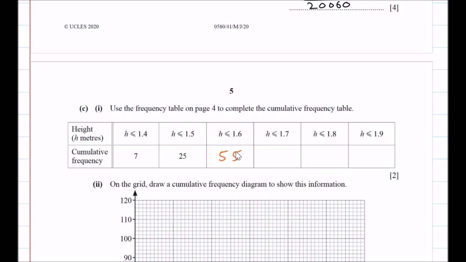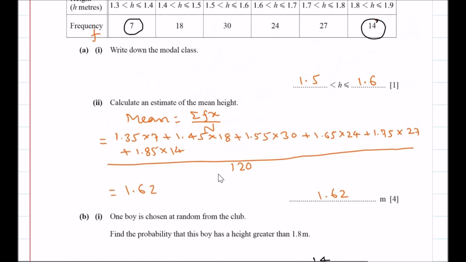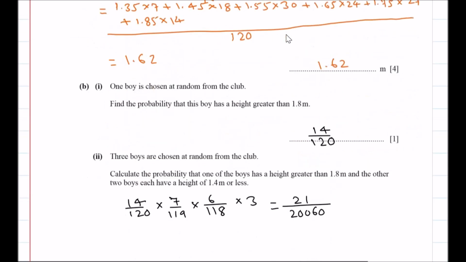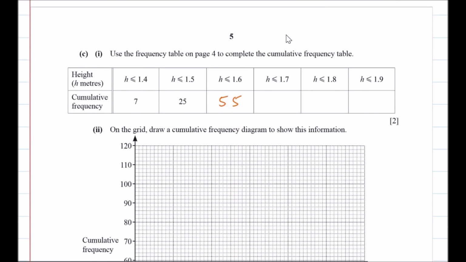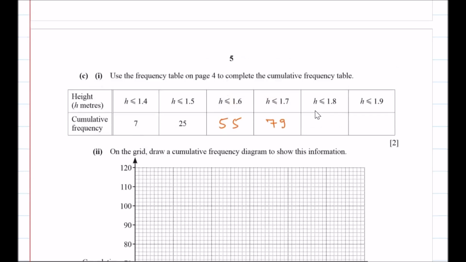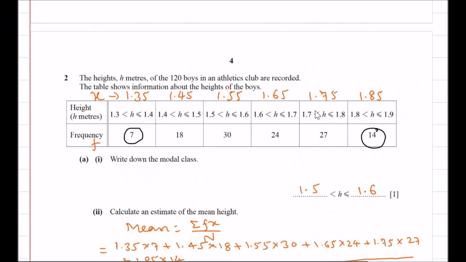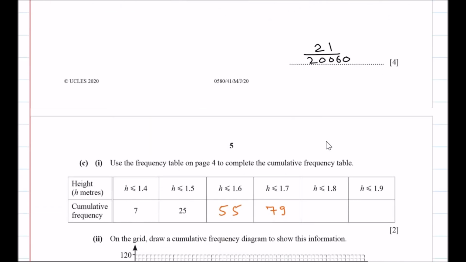Now next, 55 plus 24, because up to 30 we have already added and got 55. So 55 plus 24 is 79. So we will be writing 79. Next, we add 79 plus 27, so 106.